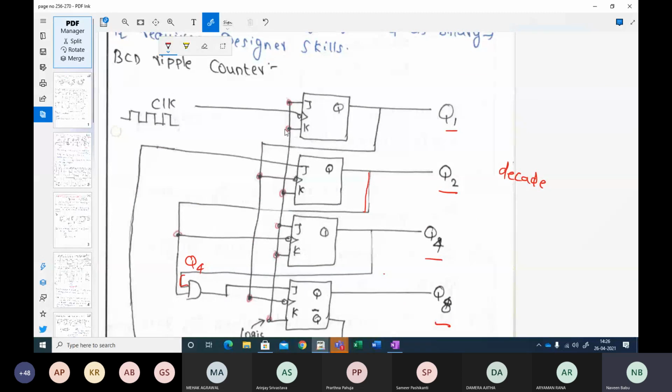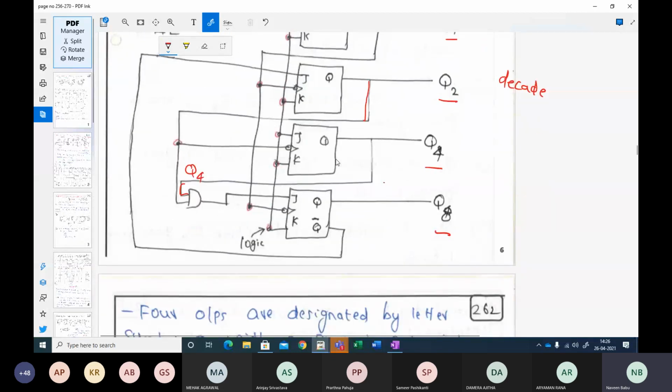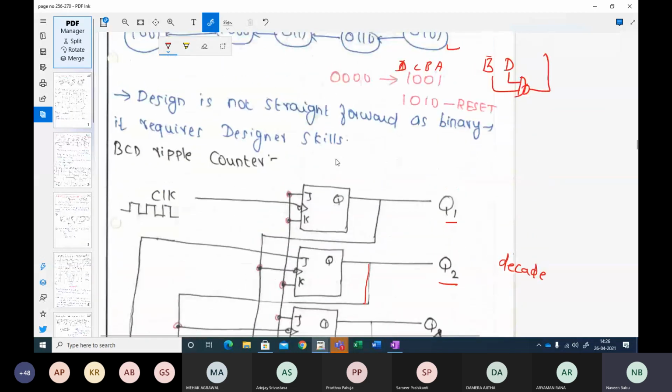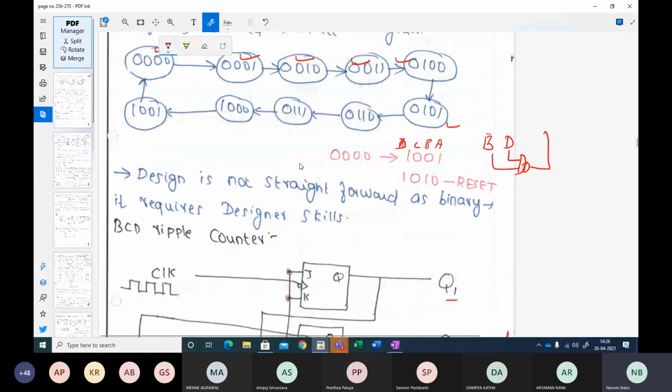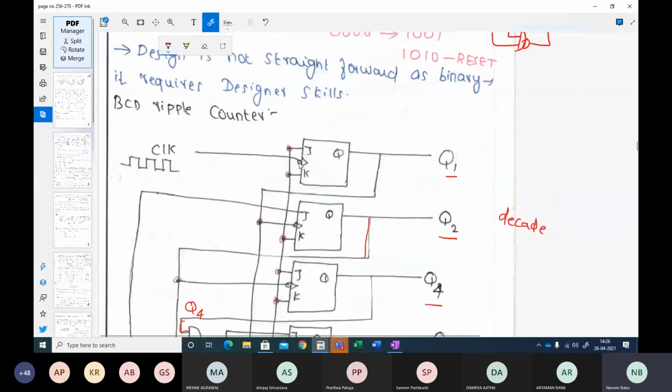Your J and K here is shorted. Okay, I think this has been taken straightforward from the BCD counter, right? So we'll come back to this later.